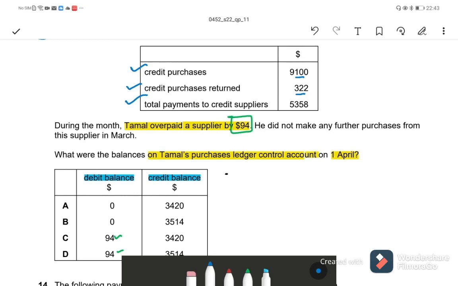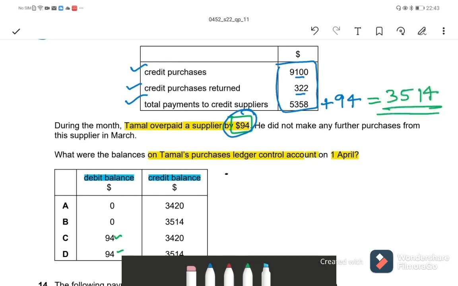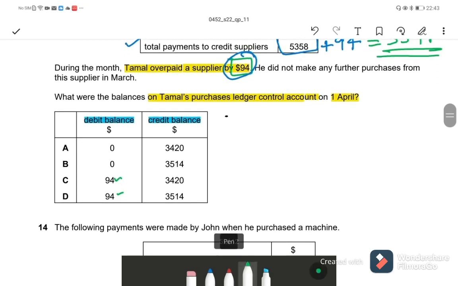The overpaid amount is 94, so we should add it back. 9,100 minus 322 minus 5,358 plus 94 is equal to 3,514. So the correct option D is the correct answer.